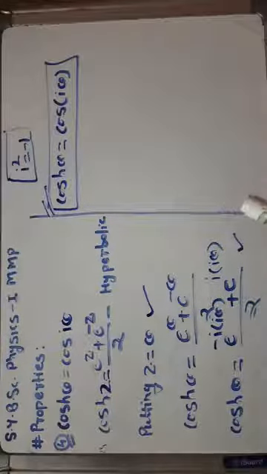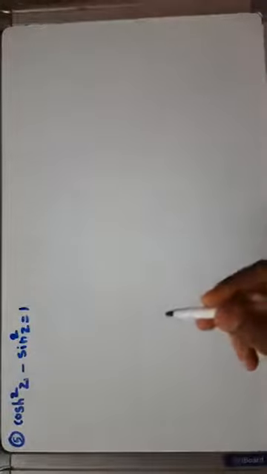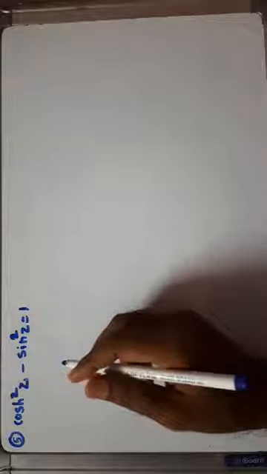Okay, next one, next property: cosh square z minus sinh square z is equal to 1, right? Then here we use the two equations. Which two? The hyperbolic functions.